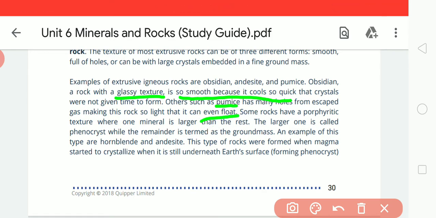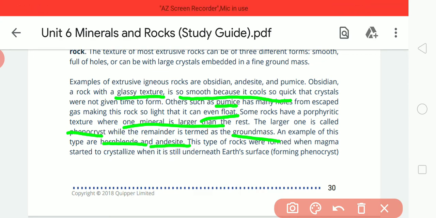Some rocks have a porphyritic texture, where one mineral is larger than the rest. The larger one is called phenocryst, while the remainder is termed the groundmass. Examples of this type are hornblende and andesite.